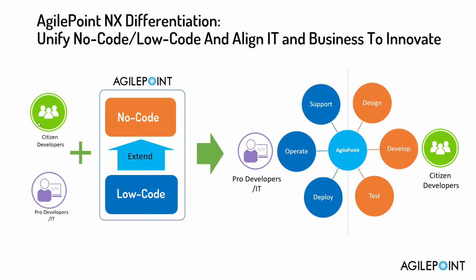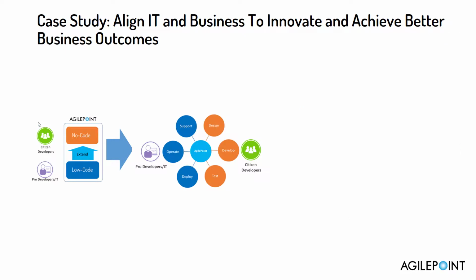With the AgilePoint platform, each role within your organization can contribute their best expertise to deliver unparalleled innovation. Citizen developers, on one hand, may focus on things like UI components, while professional developers may get involved for a complex integration or for support purposes.